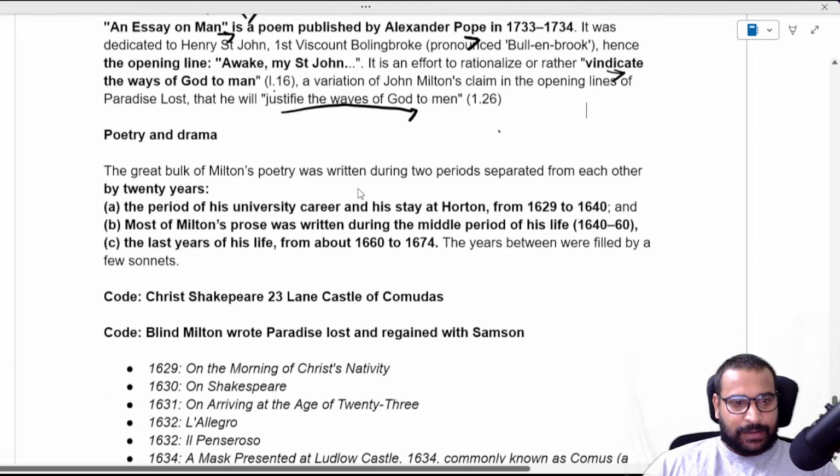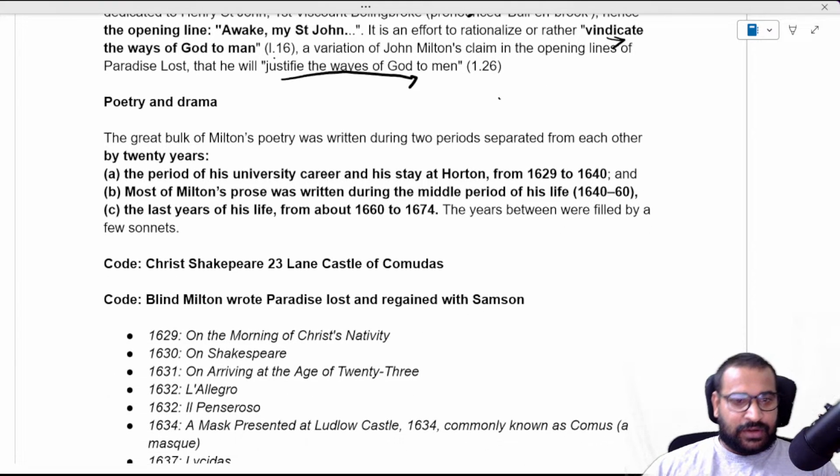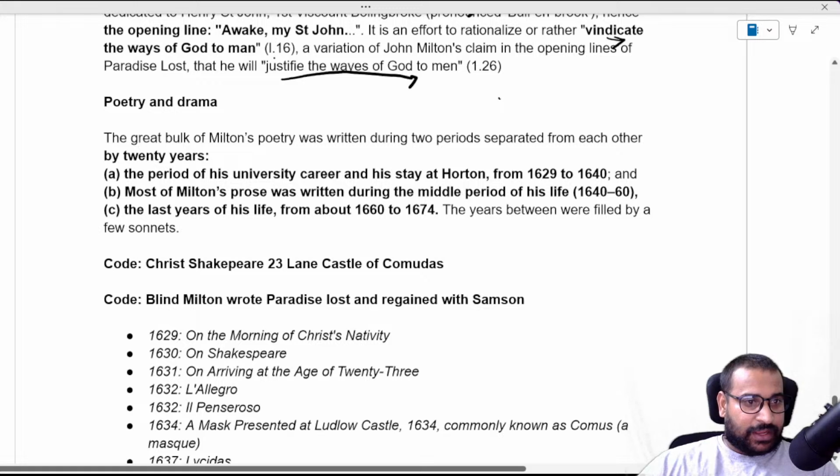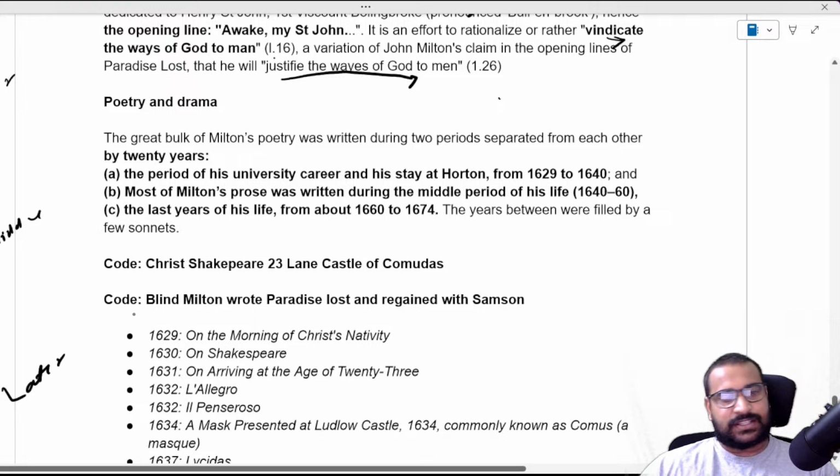Anyway, poetry and drama, as I told you, now it's time for us to remember things. We have earlier life, and then we have middle, and then we have later. We always divide works like this to remember things.